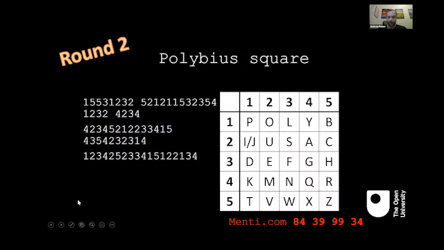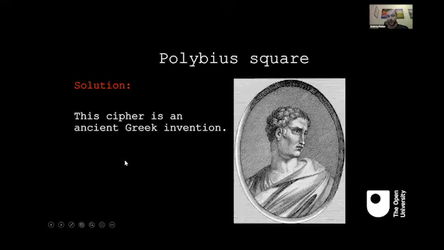Good, I'm glad. Right, okay, the answer to this one is: this cipher is an ancient Greek invention, which is true, of course. And Polybius, I should have mentioned, is actually a named person. It is this person on the right hand side here.